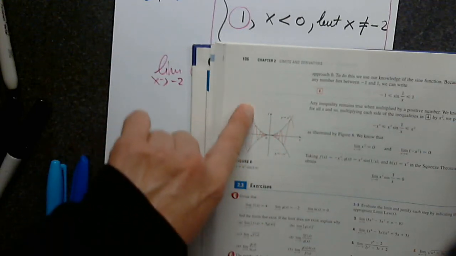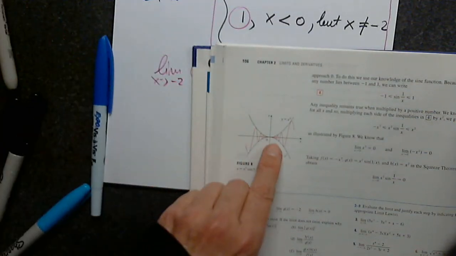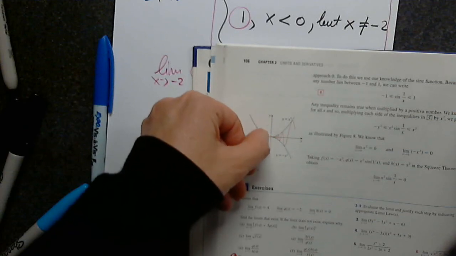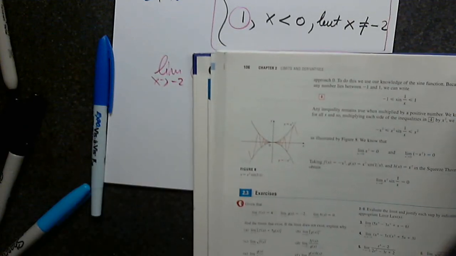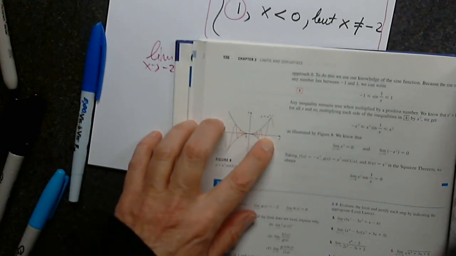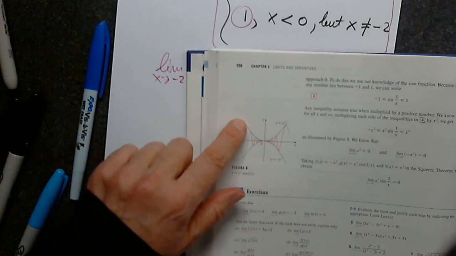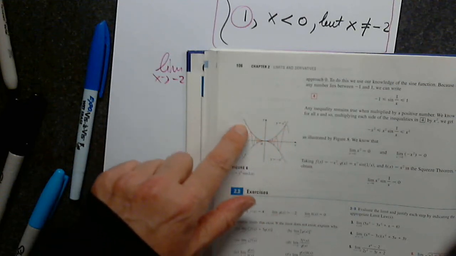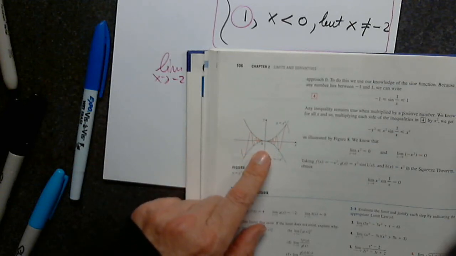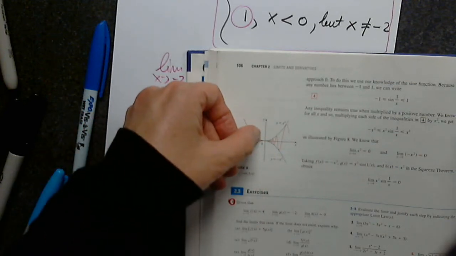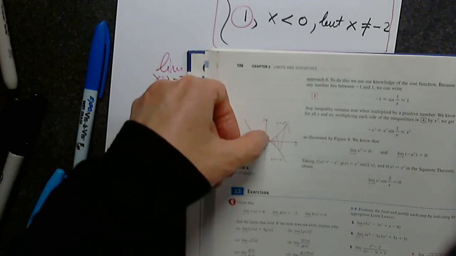I don't care what happens here. The function can do this here and cross up and down. I don't care. But around 0, on a small open interval in the vicinity of 0, I see that the red function, we say, is squeezed or sandwiched between an upper function and a lower function. Would you agree with what we see, right? So it's squeezed or sandwiched near 0, in the vicinity of 0.